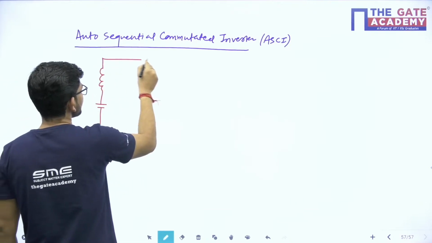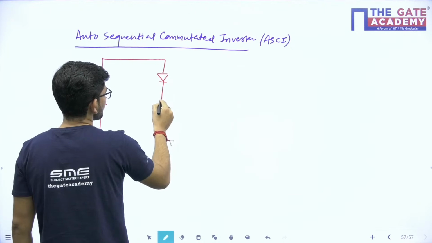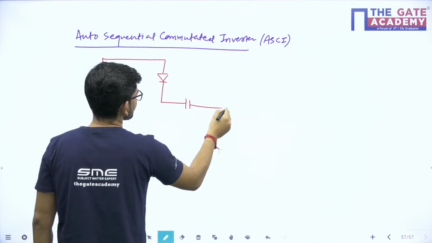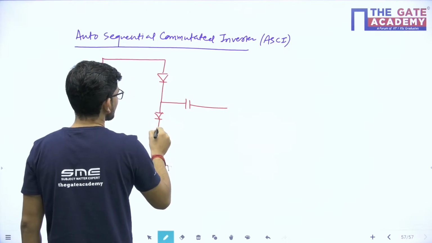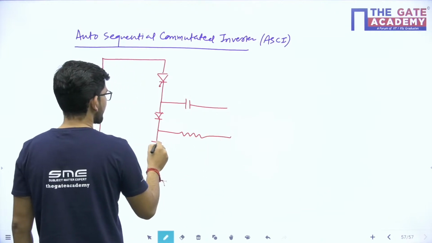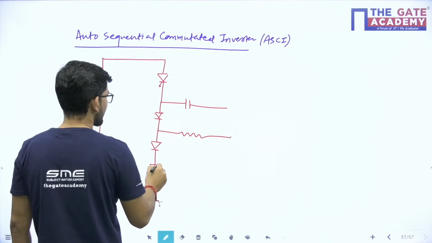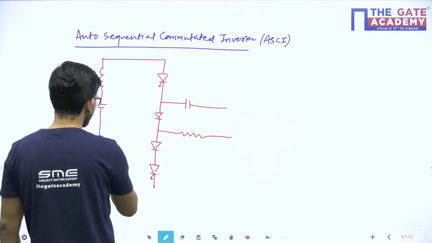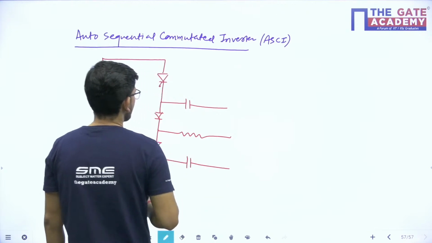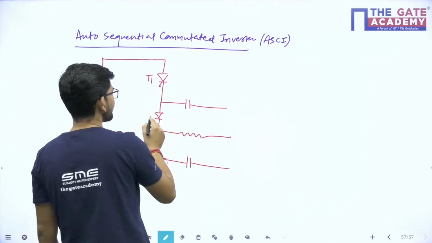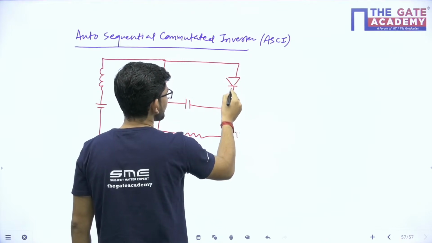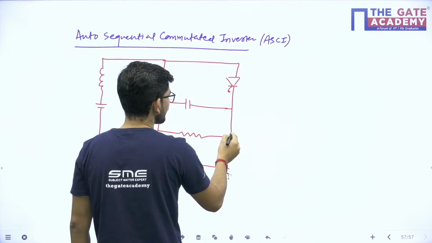See, what it will do is that we will use diodes like this, just to avoid this particular problem of the capacitor being directly discharged across the load.